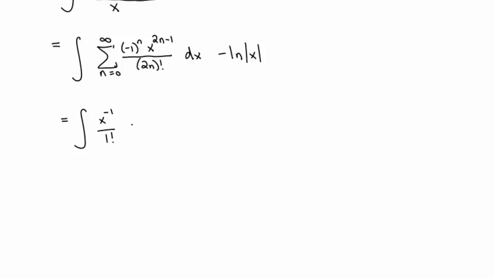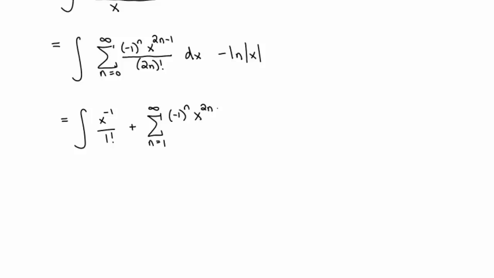And then plus the summation n equals 1 to infinity, because we just ran it only once. The reason is that when you integrate that x to the negative 1, that is a major issue. That does not turn into a polynomial, as we've just seen with the natural logarithm. So you have to be kind of careful with this specific one.